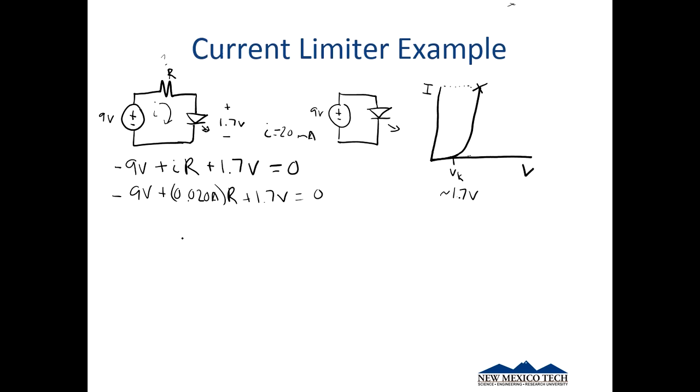I'm okay at doing math, but on the spot, sometimes I'm bad at it. Let's see. Some of you have probably already figured this out, but I end up with the minimum value of my resistor to limit the current there being 365 ohms.